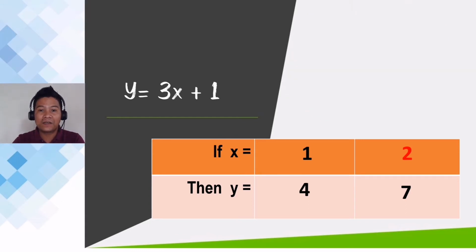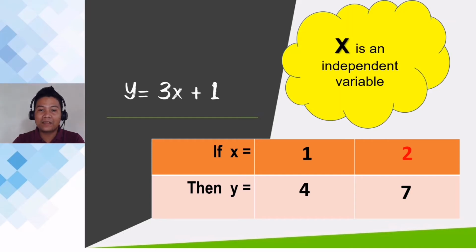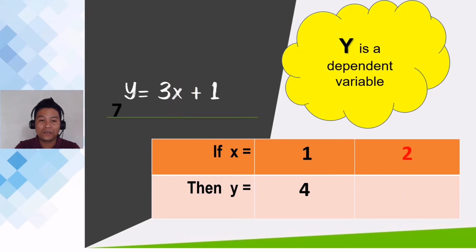X here is an independent variable. In the expression y is equal to 3x plus 1, y is a dependent variable because it changes the moment we change the x. So it is dependent to the values of x.